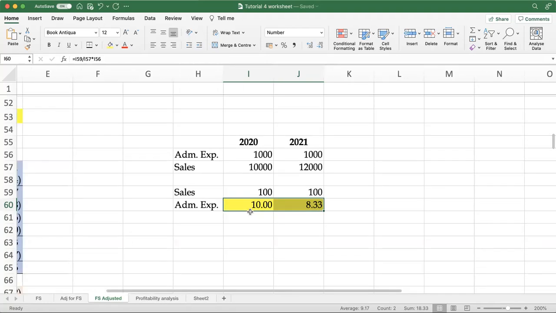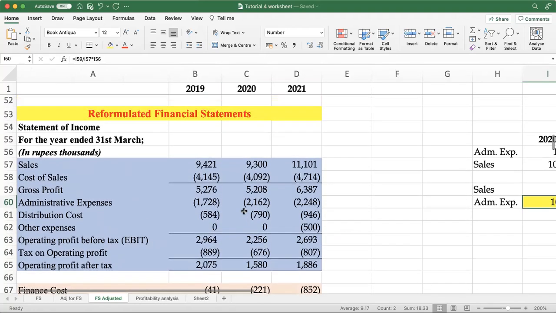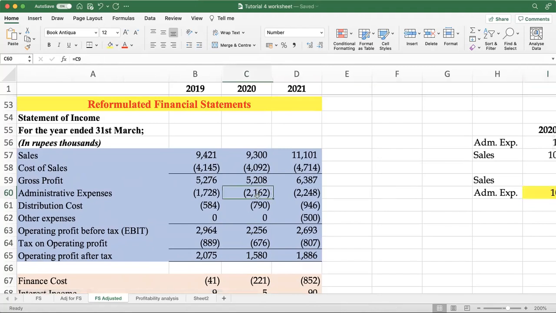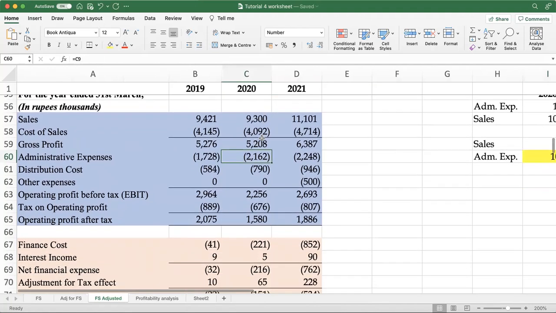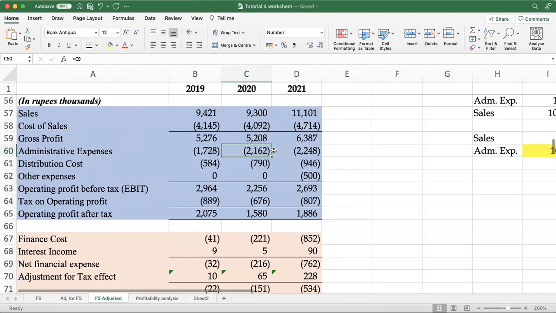Now you see the financial statements, 2020-21. Administrative expenses are almost the same. There's a slight increase. But sales has gone up.